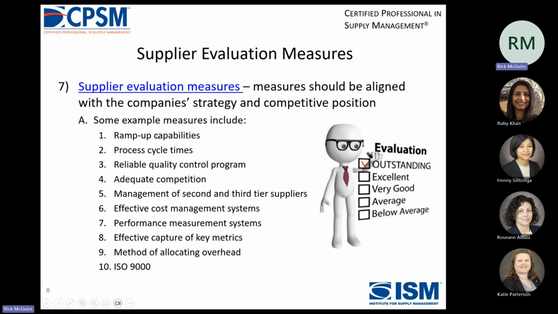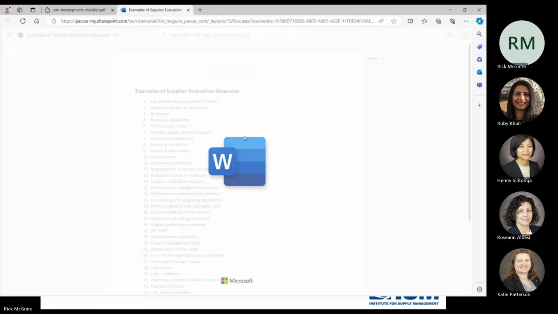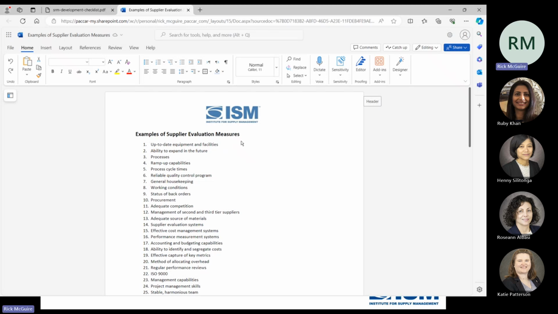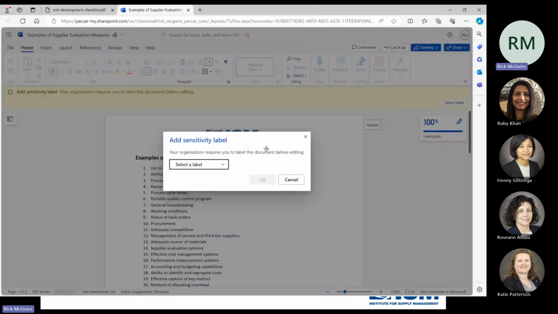Some measures should be aligned with the company's strategy and competitive position. This is evaluating suppliers. So here's some more ISM stuff. It's just kind of a laundry list of things to check.